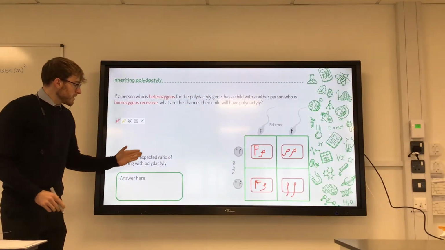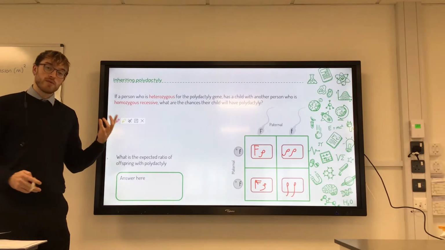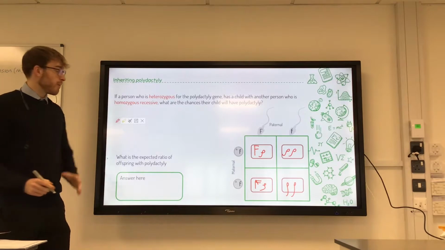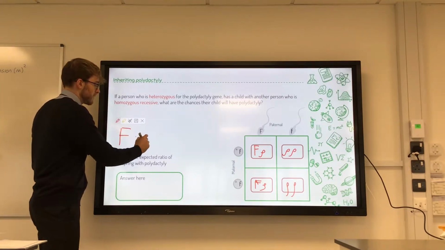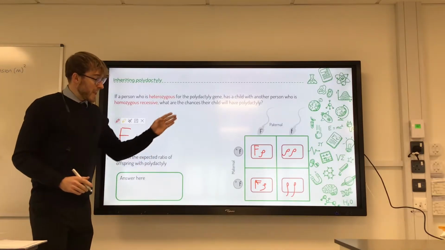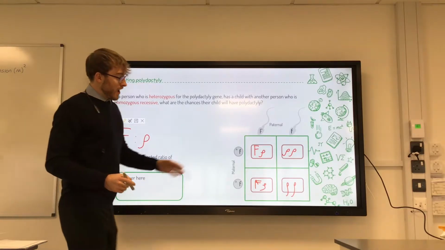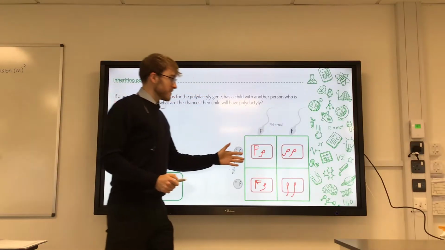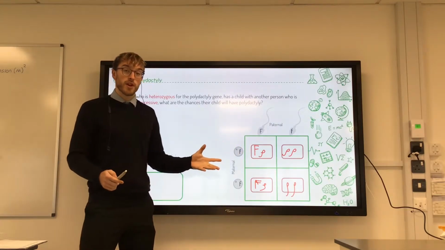We're then asked, what is the expected ratio of offspring with polydactyly? So we'll do the ratio of polydactyly to not polydactyly. So dominant to recessive. Well, our expected ratio will be any that have a dominant F or a dominant polydactyly gene to any that don't. Because it's a dominant disease, if they have one copy of this dominant allele, it will show.